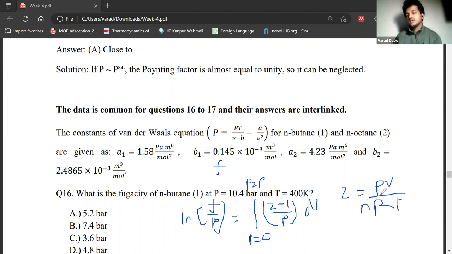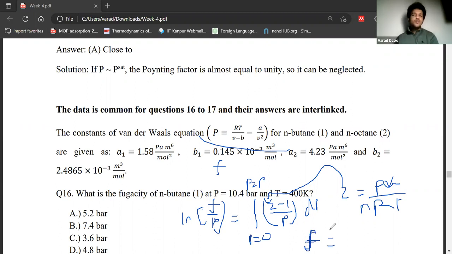Or pV by nR, depends on how you write V. So first, you rearrange this expression in this form, then you put this in here, and then you do the integration. Once you do the integration, you'll have the expression for ln of f by p. Then you can just take the exponential and rearrange. You'll get f. That is the expression for the fugacity.